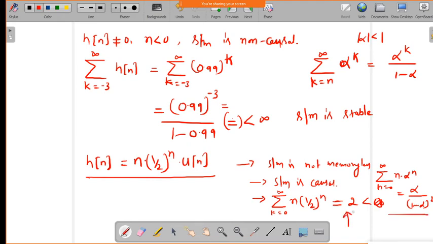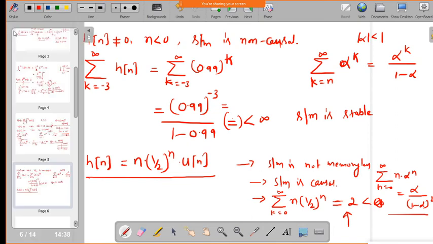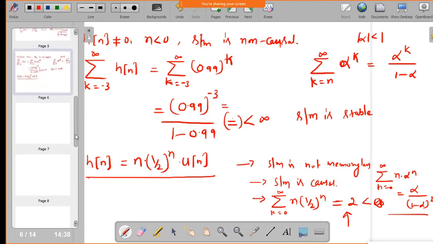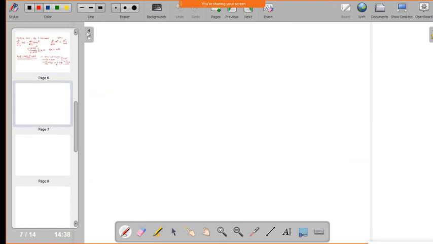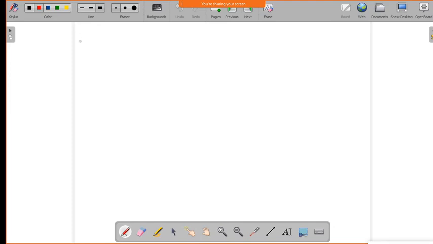Okay. So, now we will do another problem. We have to find the response when we give the input as a step. Now, if you have an LTI system which has an input-output relation y of n equal to 0.8 into x of n plus 1, plus 0.8 into x of n, minus 0.4 into x of n minus 1.